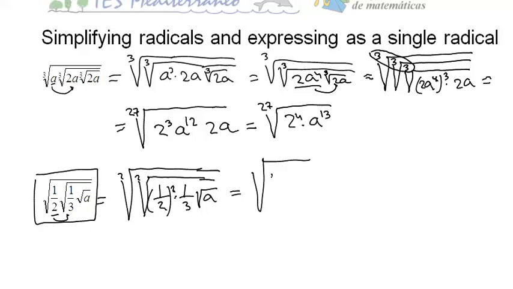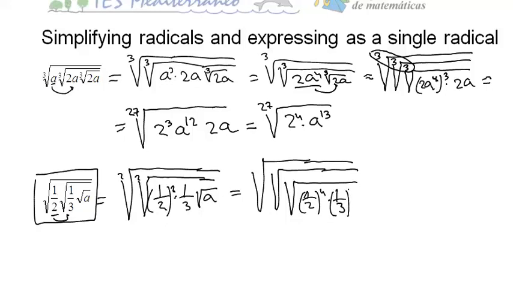You know that this is a cube root, a square root, and then we've got 1/2 raised to 4 times 1/3 squared times a, which we can simplify as 2 cubed is 8, the 8th root of 2, this is a, because 1 times 1 times a is a, this is 2 to the 4th times 3 squared. So that's all.